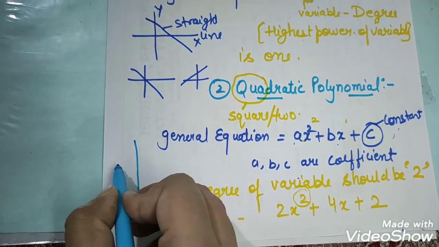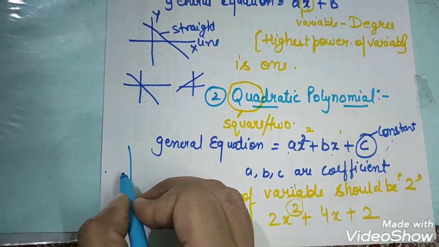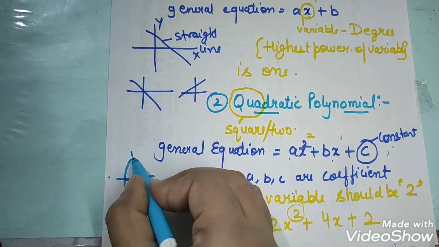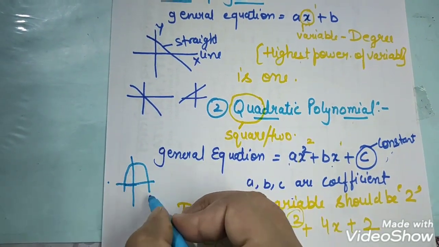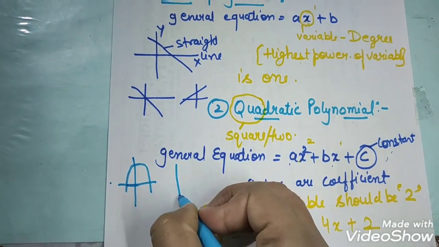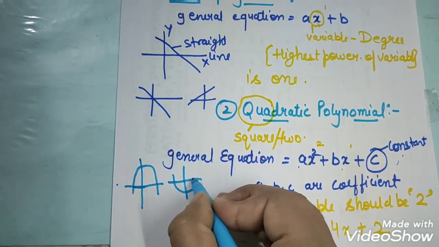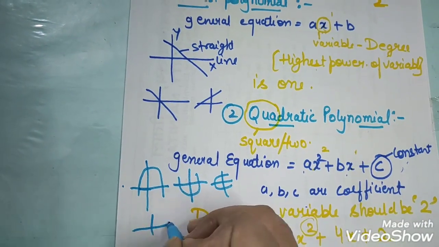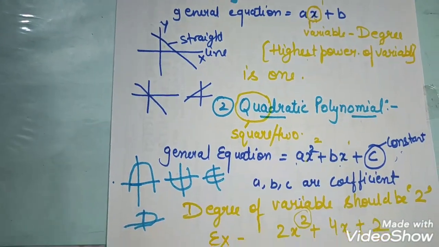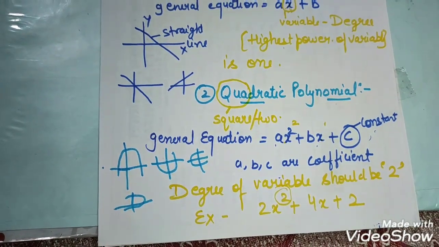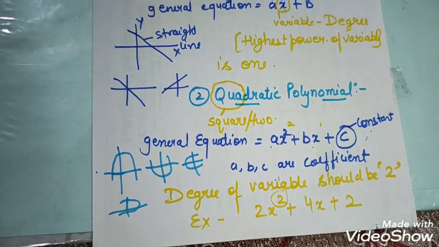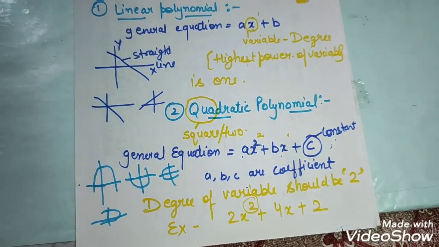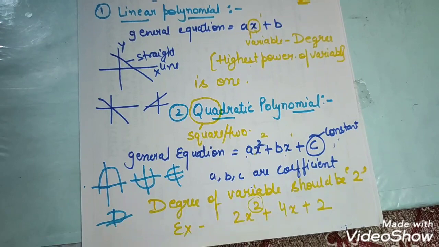For a quadratic polynomial, the graph will always be a curve like this, whether it opens from above or like this or like this. So this type of graph will be plotted for quadratic. This is a rough sketch so that you know the difference between the graphs of the three polynomials.